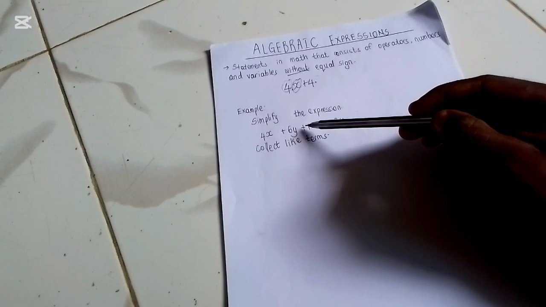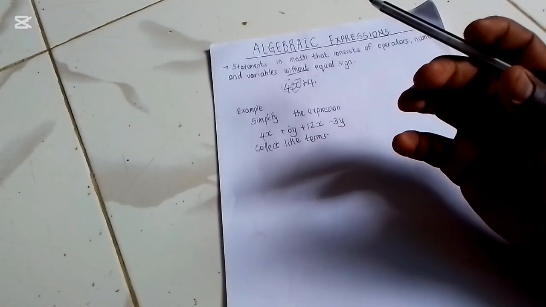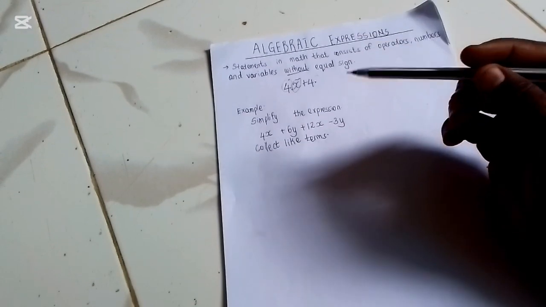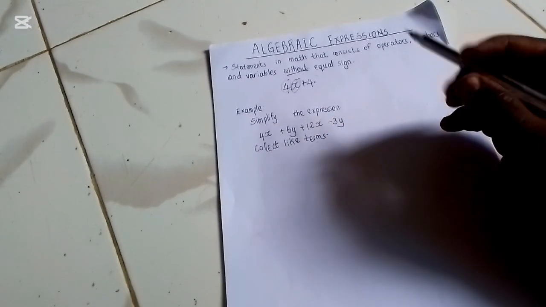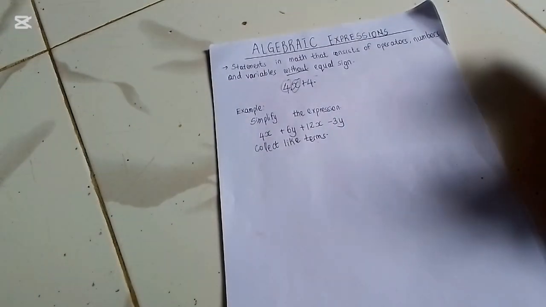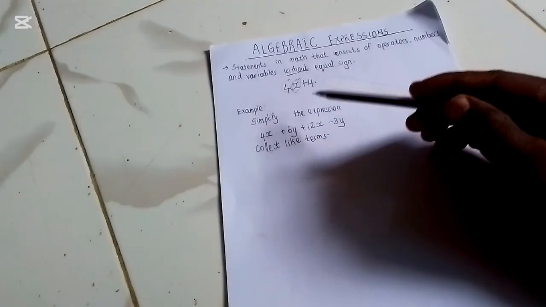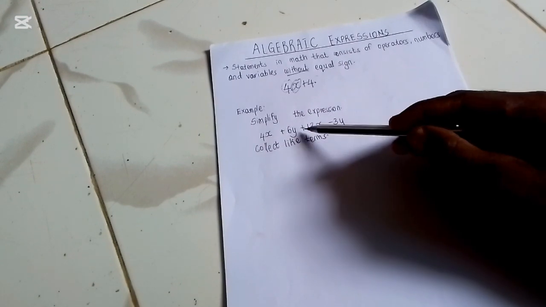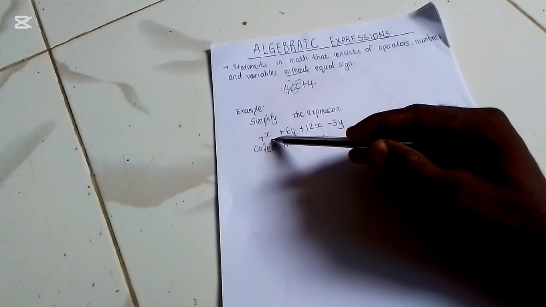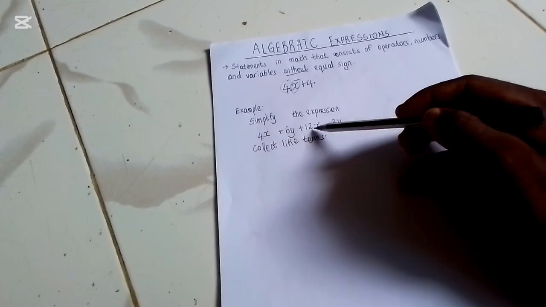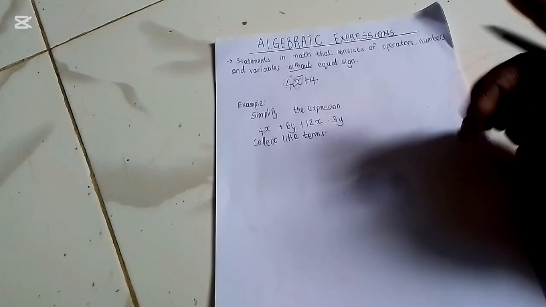So the entity, the numbers and variables multiplied together, which are separated by either addition or subtraction from other parts of the expression, that is what we call a term. So we have this term separated from this term. These are what we call terms. So what are like terms?